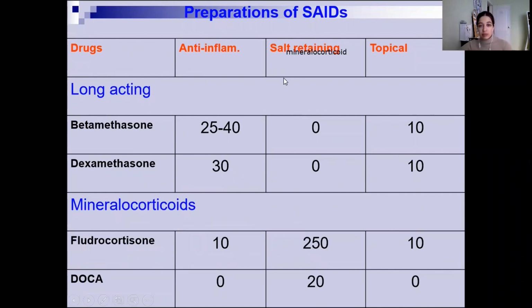Going lower and lower, we have the long-acting drugs like dexamethasone, betamethasone, which are 30 times stronger than natural glucocorticoid. We also have some mineralocorticoids, which have much more mineralocorticoid activity than cortisol. And this is normal because these drugs are used for mineralocorticoid activity, not for anti-inflammatory action.